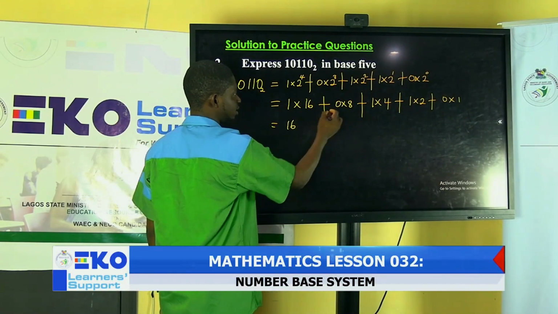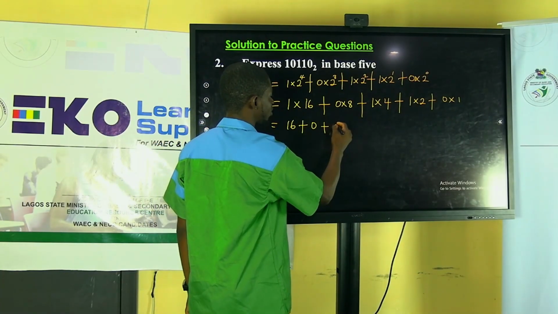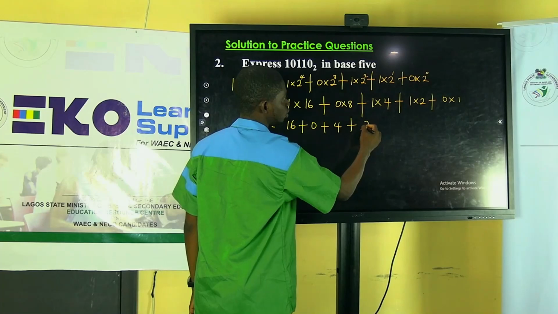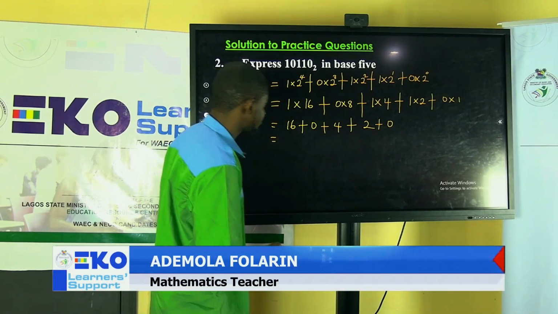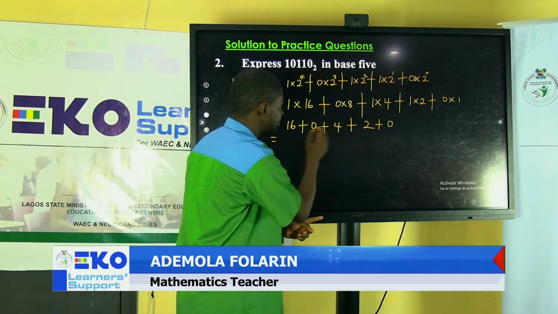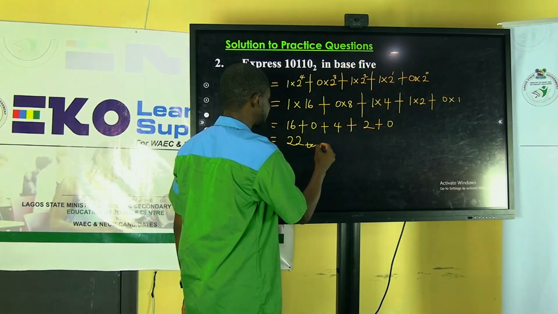The 16 stays, this one ends up being 0 because of multiplication by 0, plus 4, plus 2, plus 0. So 16 plus 4 plus 2 is 22. So it is 22 in base 10.